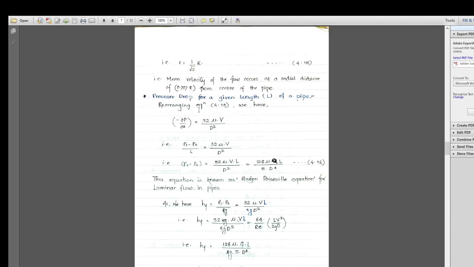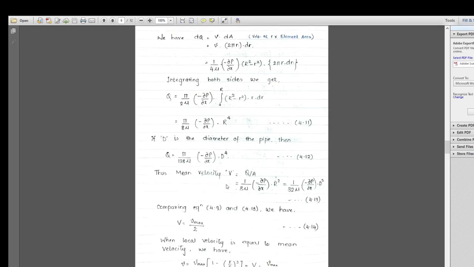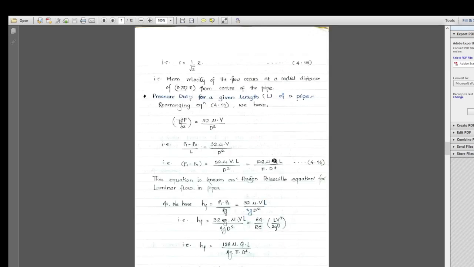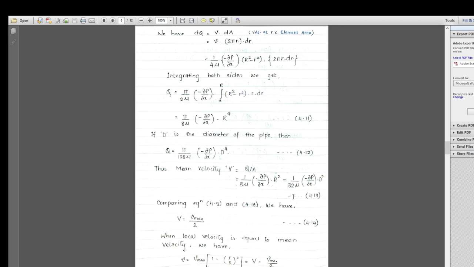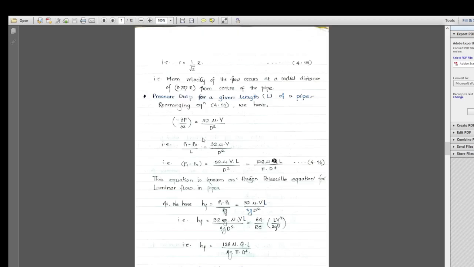Now we will see the expression for the pressure drop for a given length L of a pipe. If we rearrange the equation 4.13, the equation of mean velocity, in terms of pressure drop, we will get minus del p by del x is equal to 32 mu into V by d square.